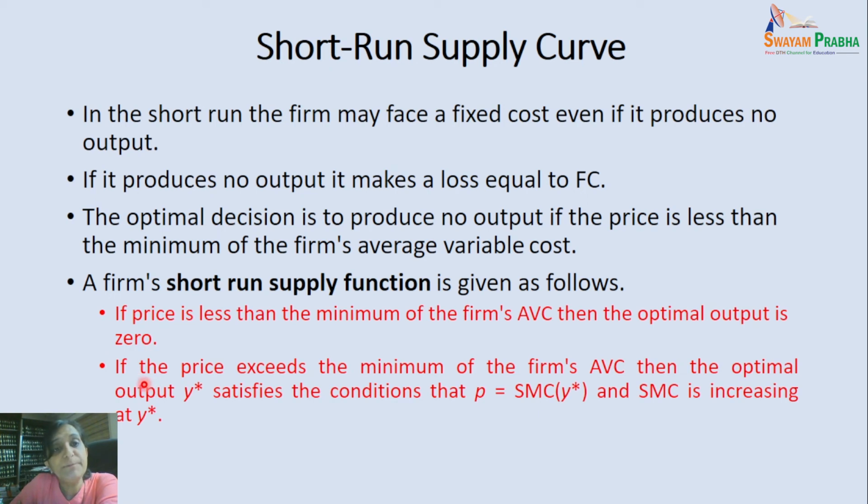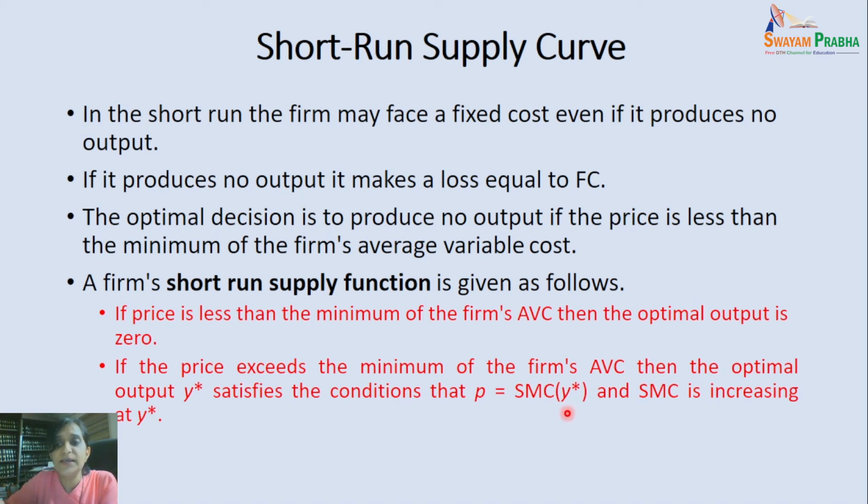However, if the price is greater than the minimum average variable cost, even if the firm is making losses, then the optimal output, let us say Y star, should be such that the price is equal to the short-run marginal cost at this particular output level Y star.